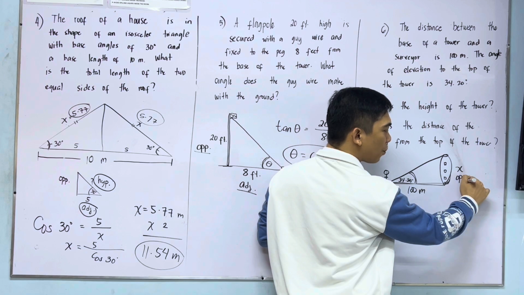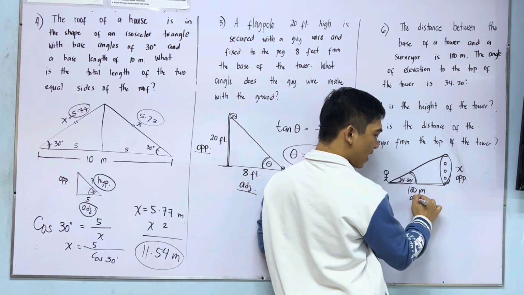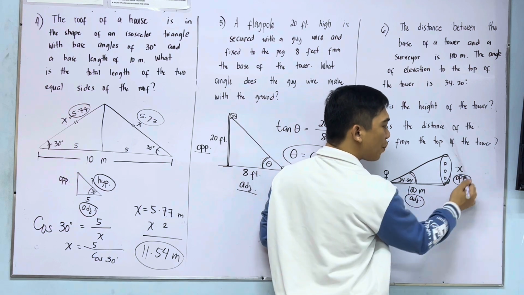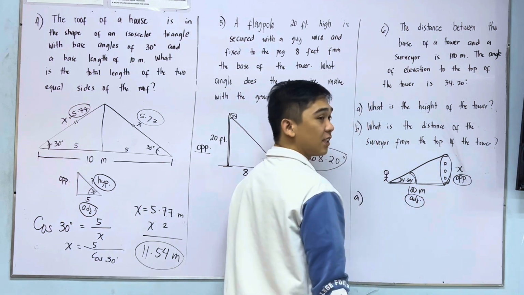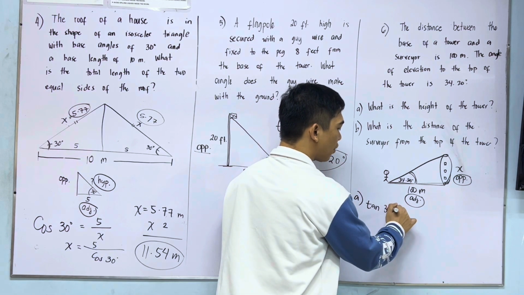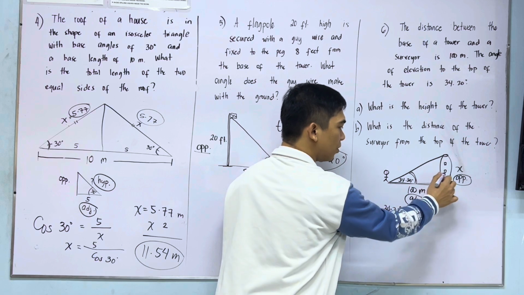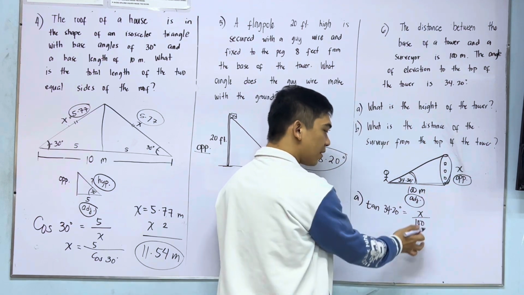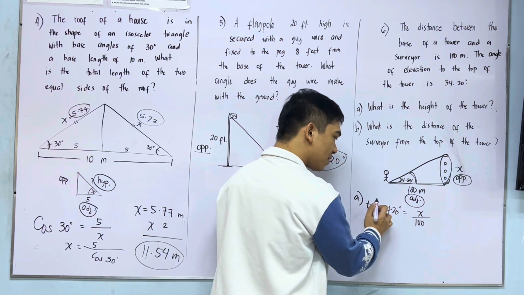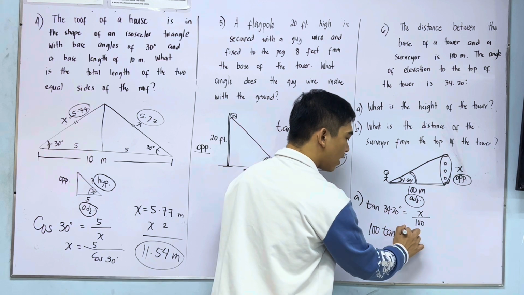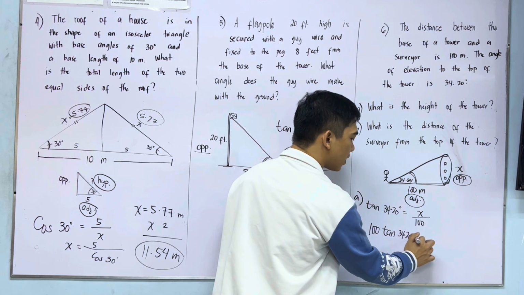So this is the angle. We have now the opposite, x, and this is the adjacent side, 100. Opposite and adjacent, what function? Tangent. Tangent 34.20 is equal to x over 100. Cross multiply, x is equal to 100 tangent 34.20.